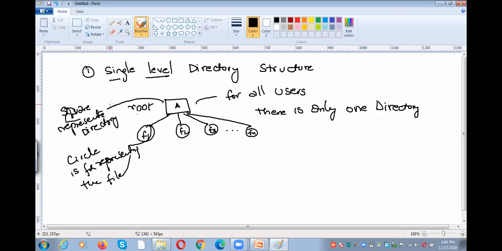So we observe here the directory is represented with a square and the file is represented with a circle.